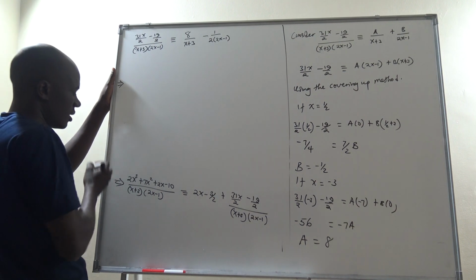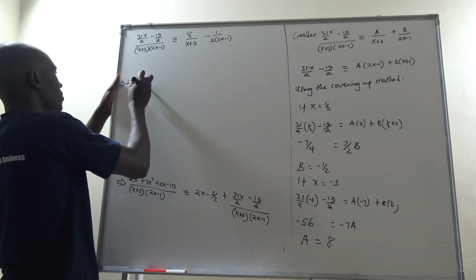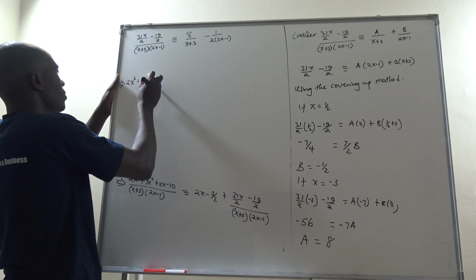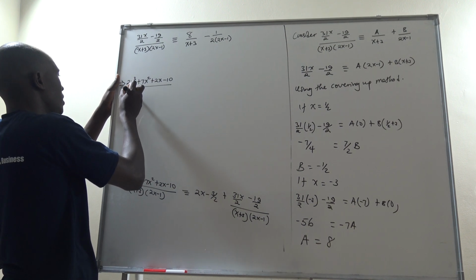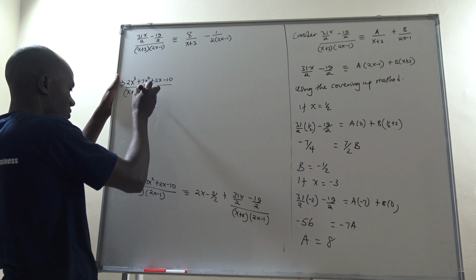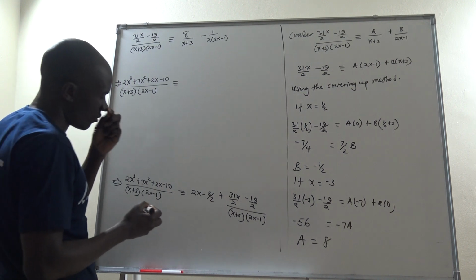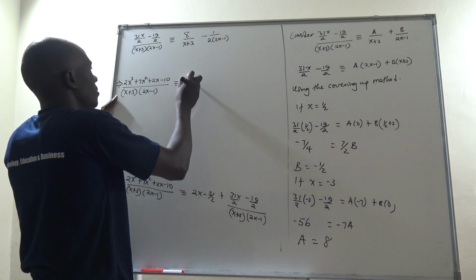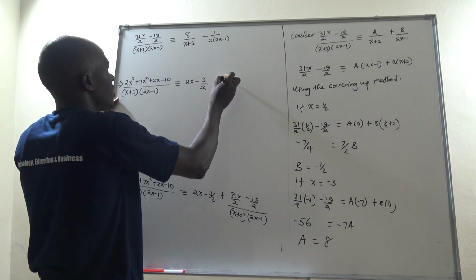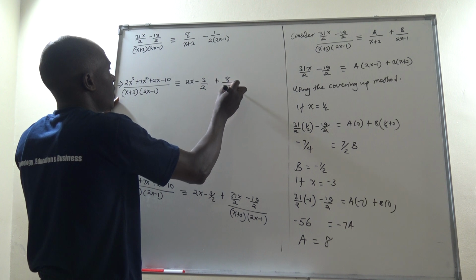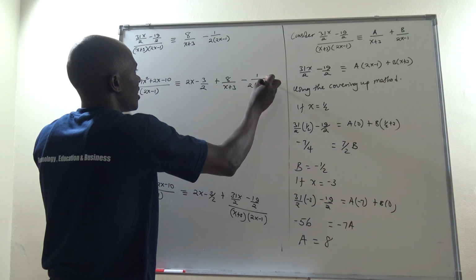So this implies that (2x cubed plus 7x squared plus 2x minus 10) all over (x plus 3)(2x minus 1) is the same as, we have already got 2x minus 3 out of 2, then plus 8 out of x plus 3 minus 1 out of 2 into (2x minus 1).